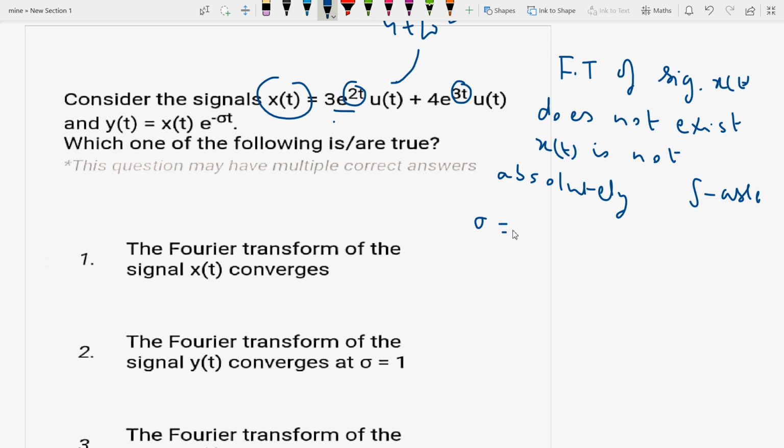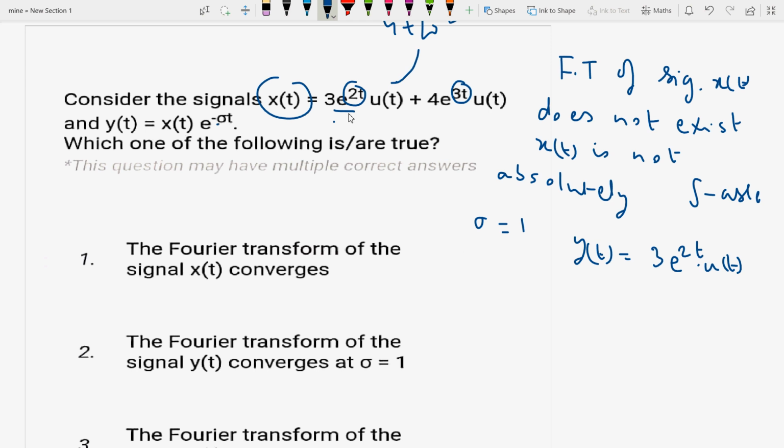So for sigma real part equal to 1, y(t) is equal to what? 3e to the power 2t u(t), sorry, this is e to the power minus sigma t.